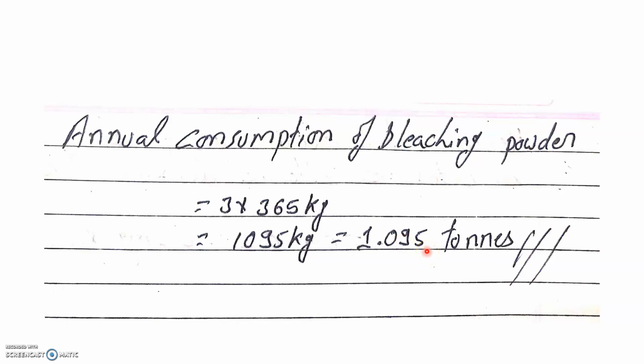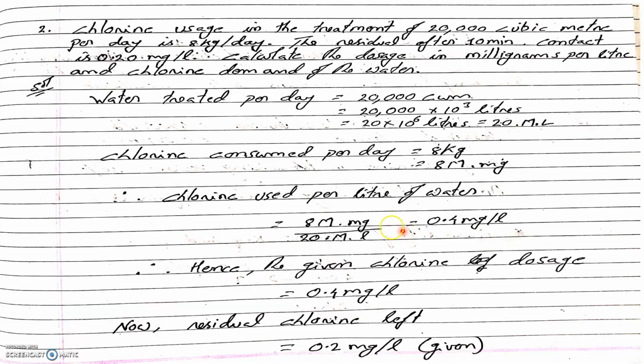Now we'll go to the second one. Here it is stated that the chlorine usage in the treatment of 20,000 cubic meters per day is 8 kg per day. So 8 kg of chlorine is consumed for this much water.